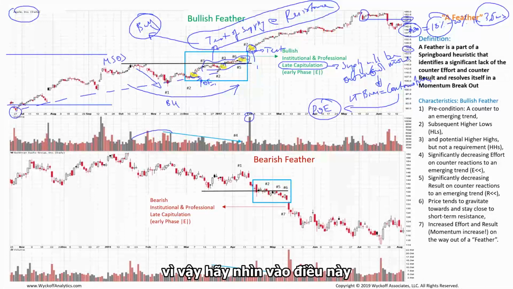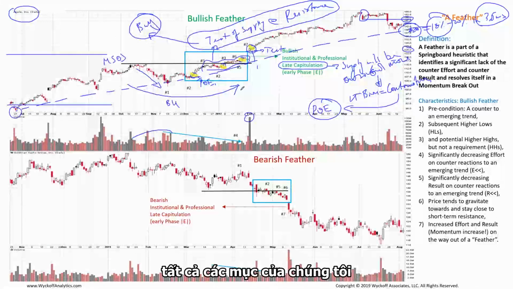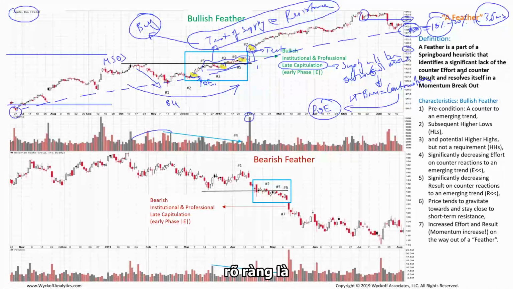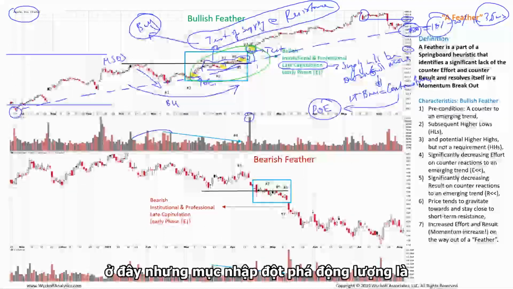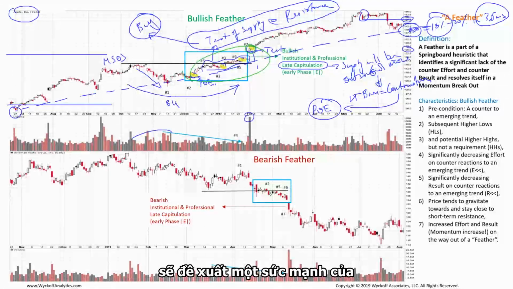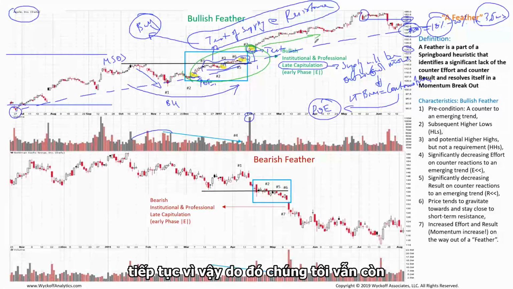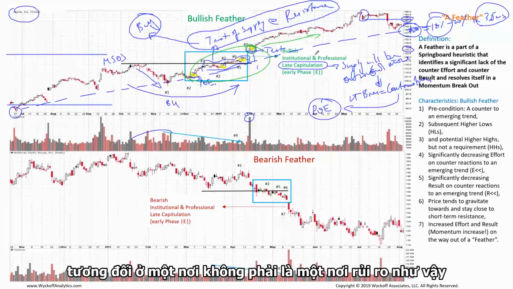So look at this. All of our entries are clearly close to the oversold, except for the momentum breakout right here. But the momentum breakout entry is going to suggest a strength of the continuation. So therefore, we're still relatively in not such a risky place.